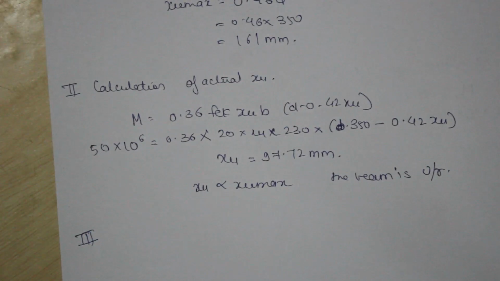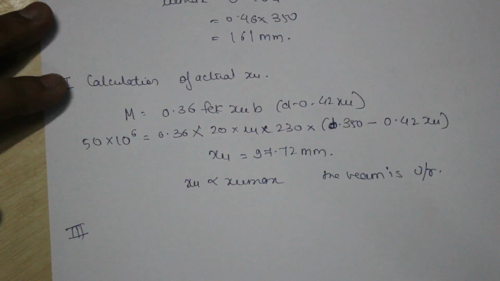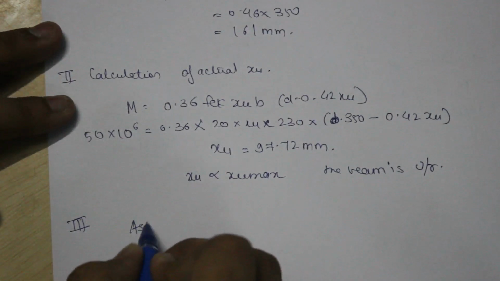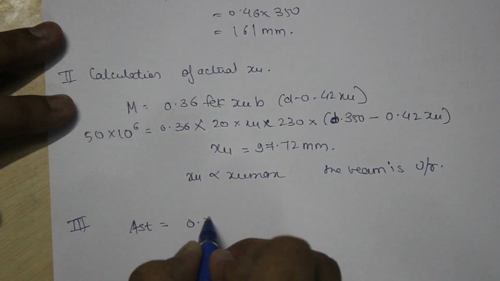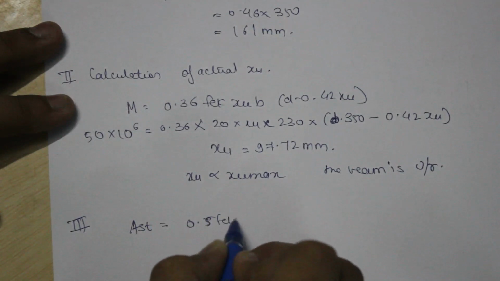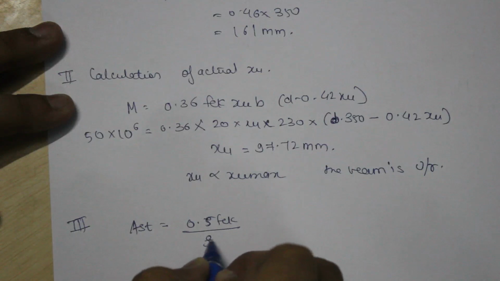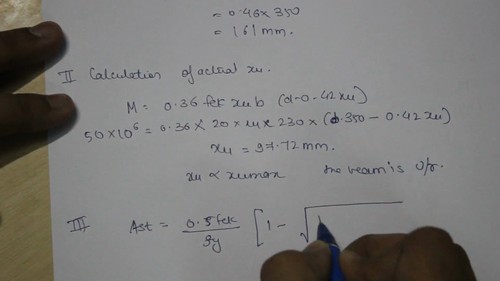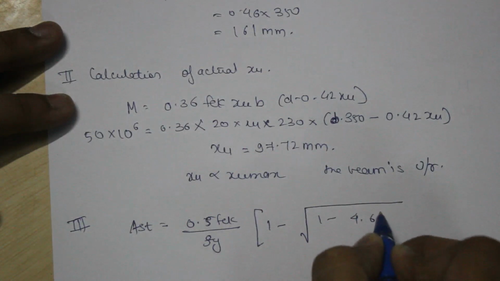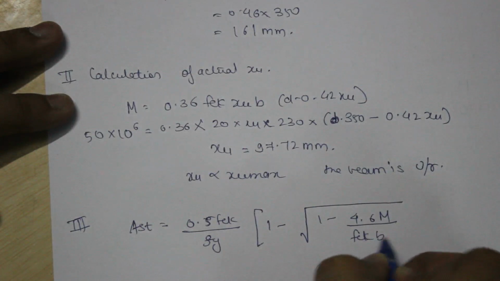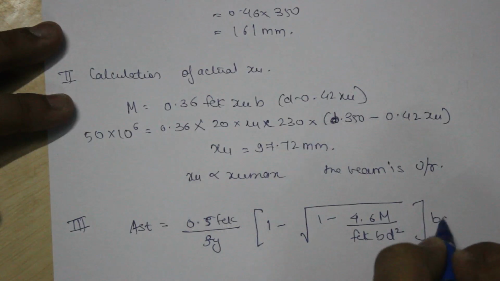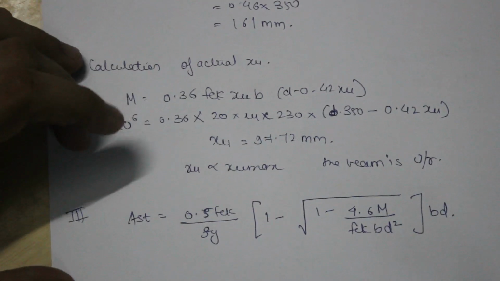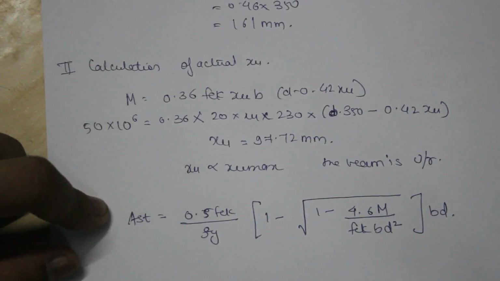Or, if we want to do it quickly, we can use the AST formula directly, which is given as AST equals 0.5 FCK upon Fy into 1 minus the square root of 1 minus 4.6 M upon FCK B D square, into B into D. So again, this is not an empirical formula. This formula has also been derived from the basic fundamentals.